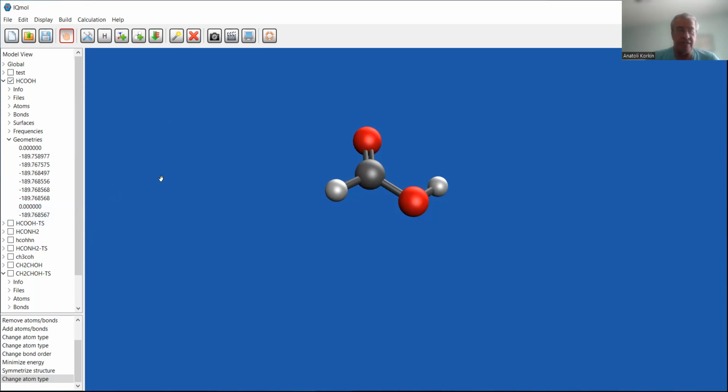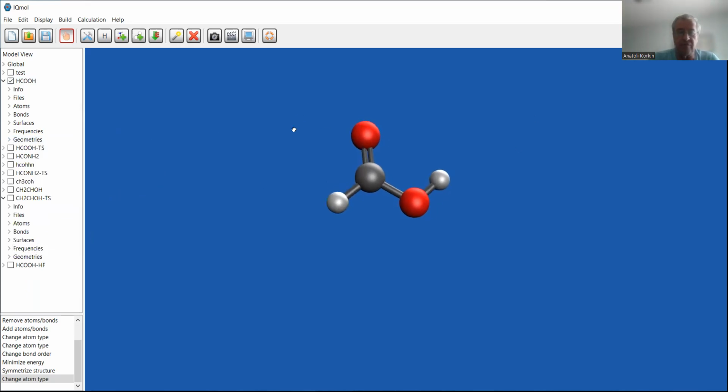What is also interesting is to take a look at some of the molecular orbitals. Usually, when we analyze the reactivity of molecules, we normally look at their highest occupied and lowest unoccupied orbitals.